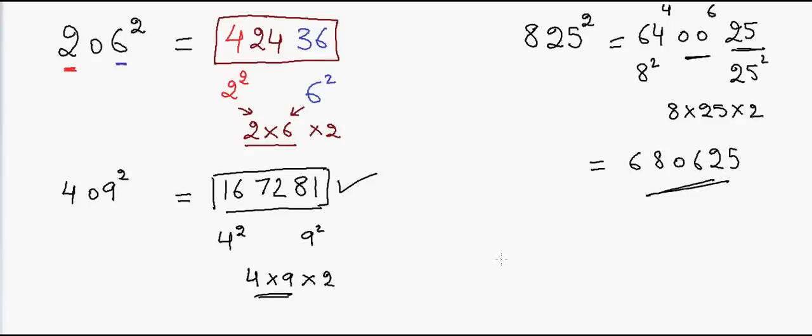If you practice, then you can always do this calculation without even writing it on paper. Now let's look into how this trick works. Any three digit number can be written in the following form: 100x plus y.